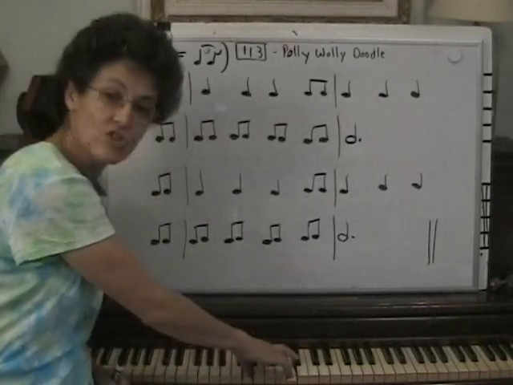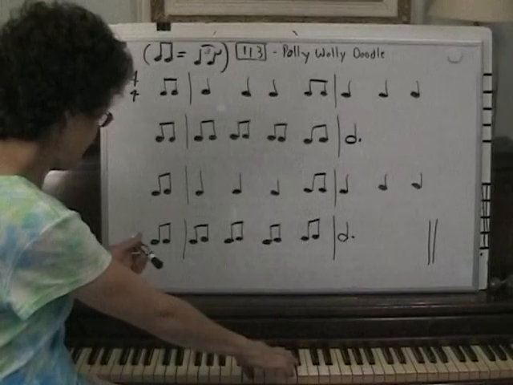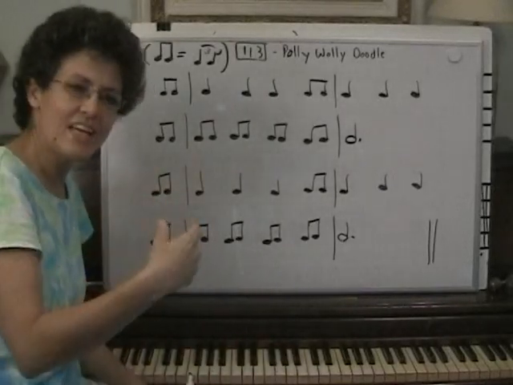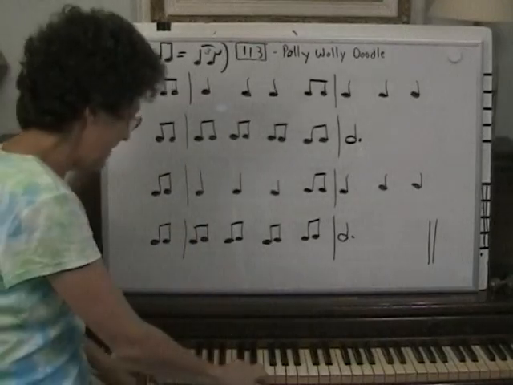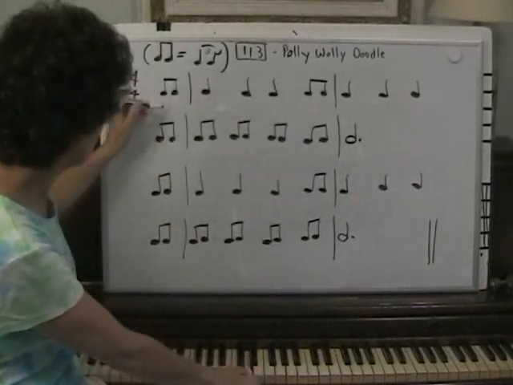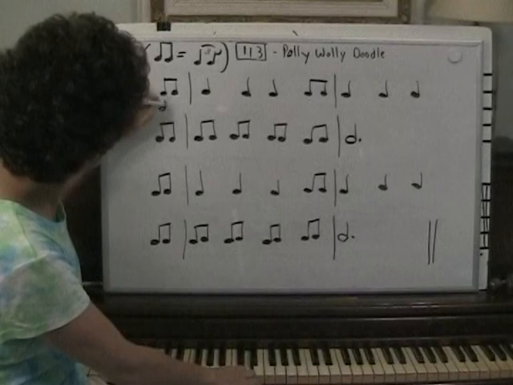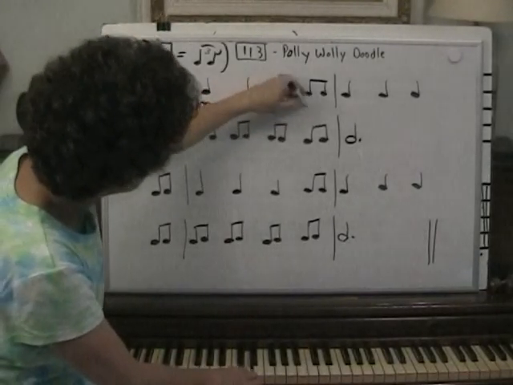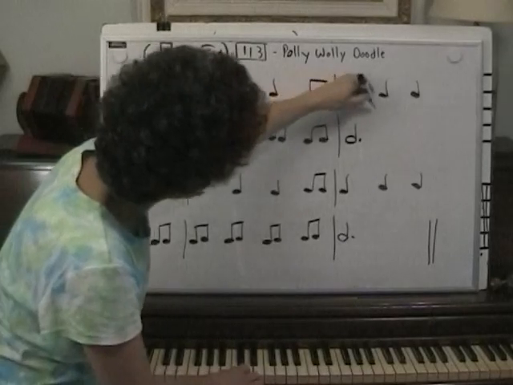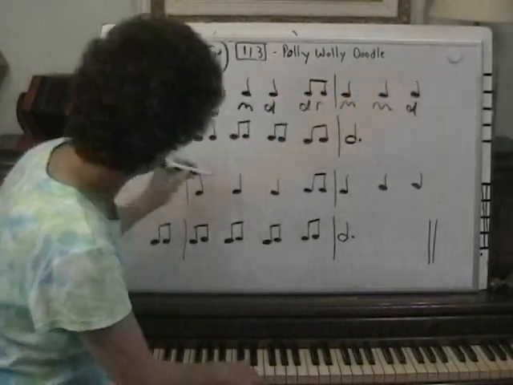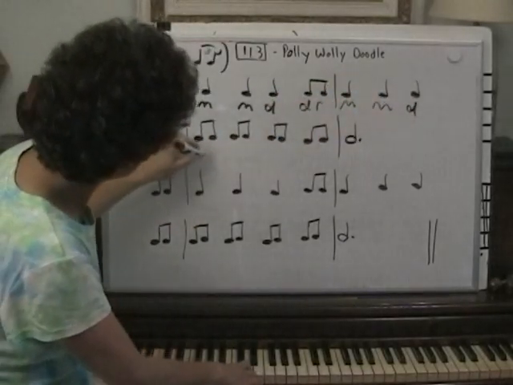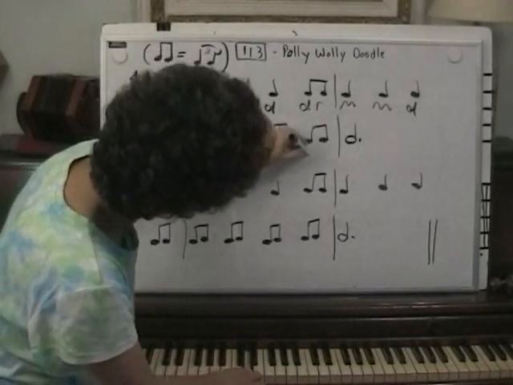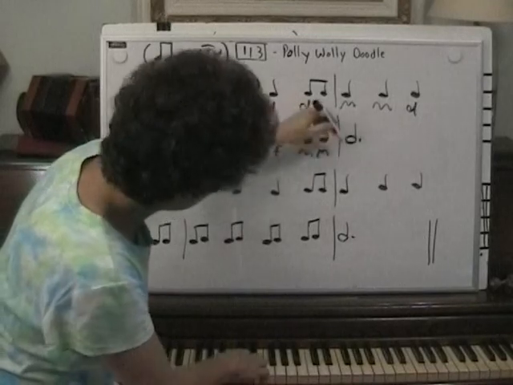Now we're going to write in the solfege. We did this yesterday, or we didn't write it down, but maybe you wrote it down. Here's our do. It goes do, re, mi, mi, do, do, re, mi, mi, do, do, re, mi, mi, mi, mi, fa, fa, mi, mi, re.